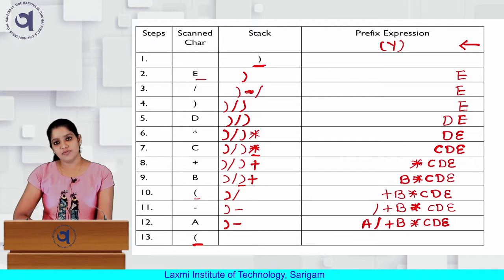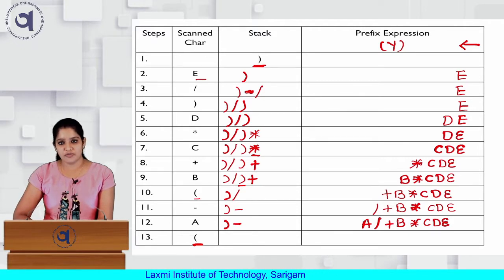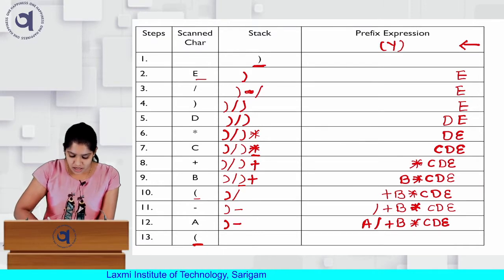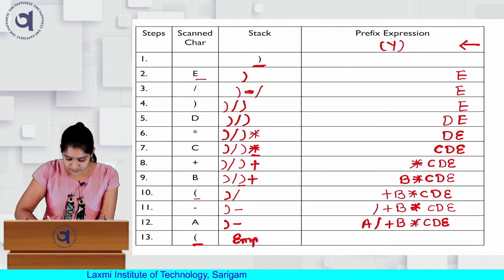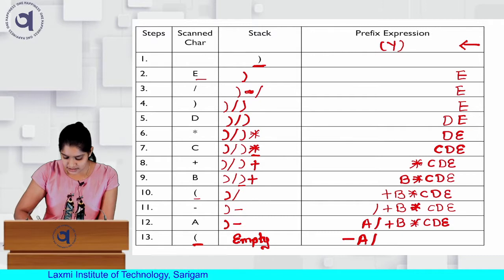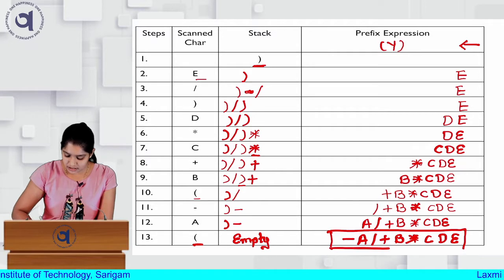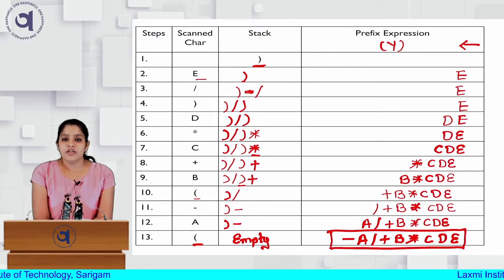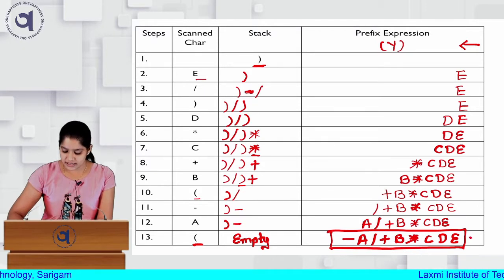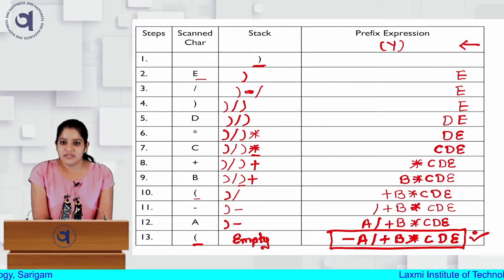So, we need to pop this minus from the stack and push it to the prefix expression, as well as remove that closing bracket. So, now my stack would become empty, right, and here we have this minus A slash plus B star C D E, right, and this is my final answer, right. So, for that infix expression, we are getting this prefix expression, that is our answer, right.